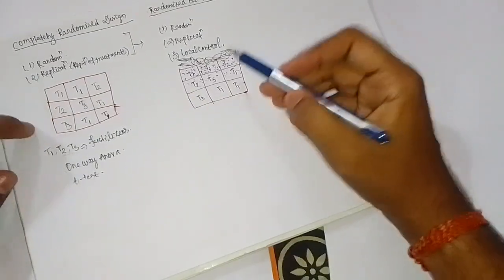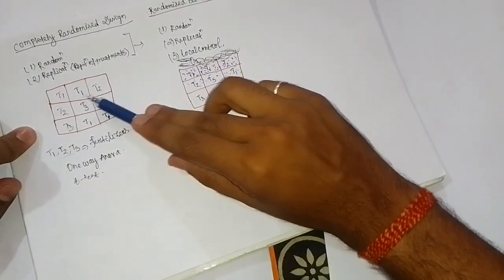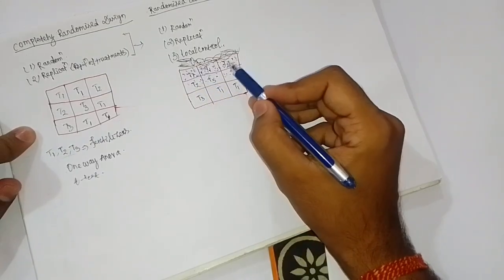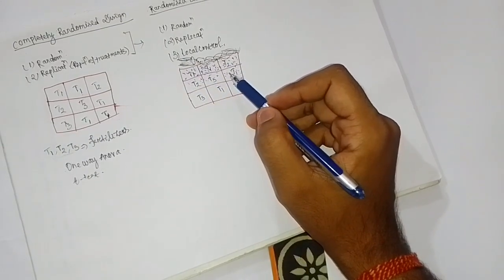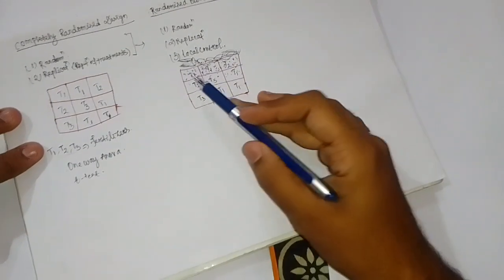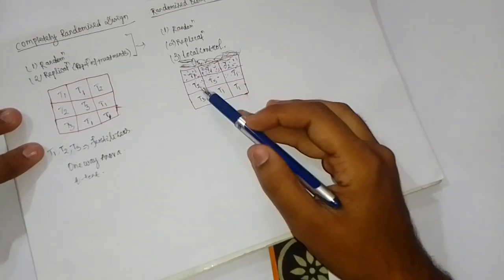So by using our treatments, this plot naturally gives more yield than these two plots.